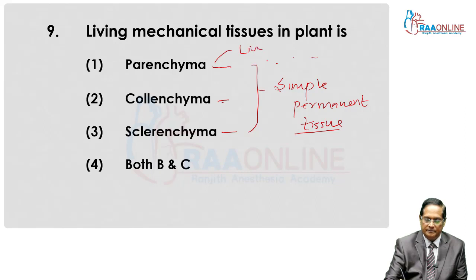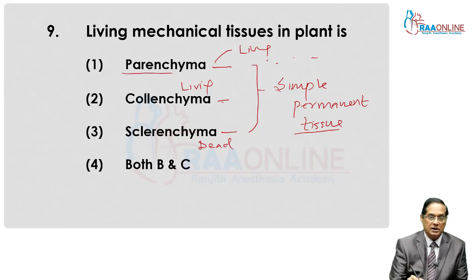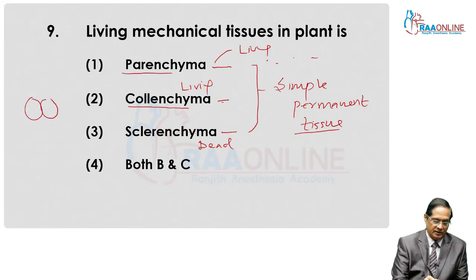Parenchyma living, collenchyma living, sclerenchyma dead. The difference between parenchyma and collenchyma is that in collenchymatous cells there is a deposition of pectin at the corners.